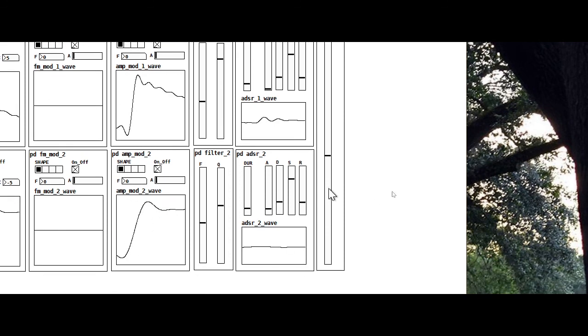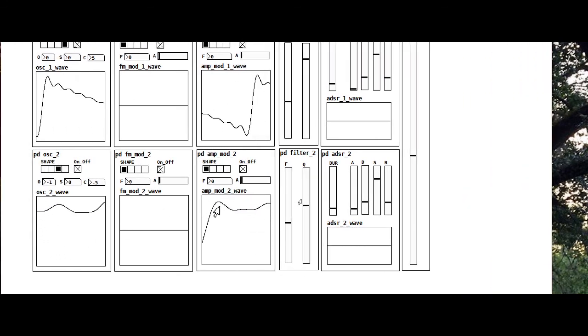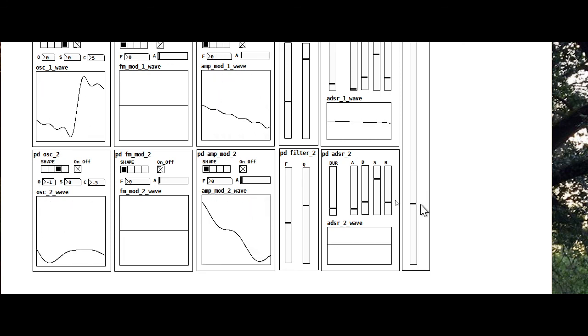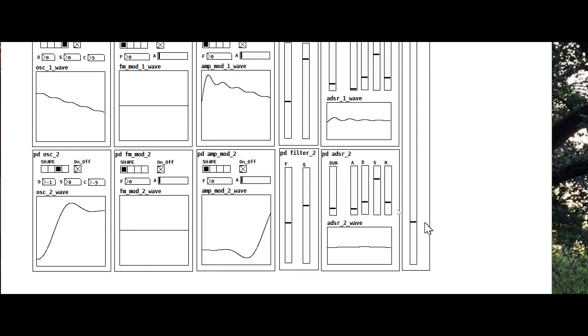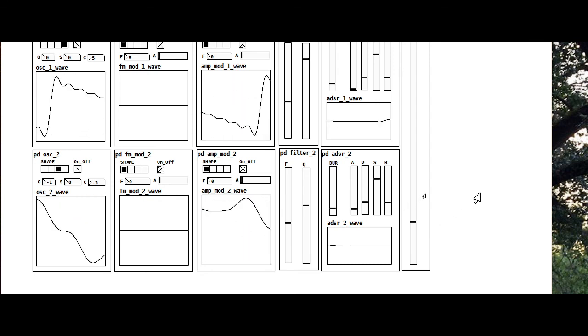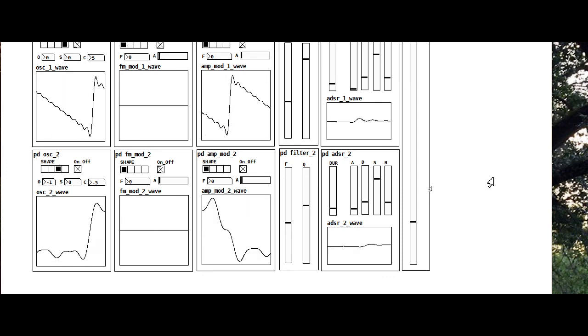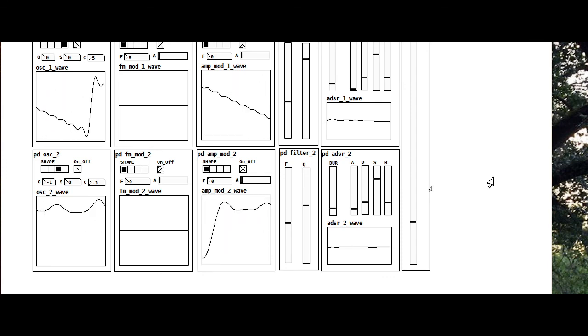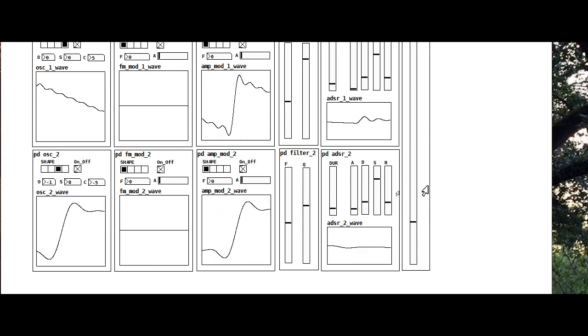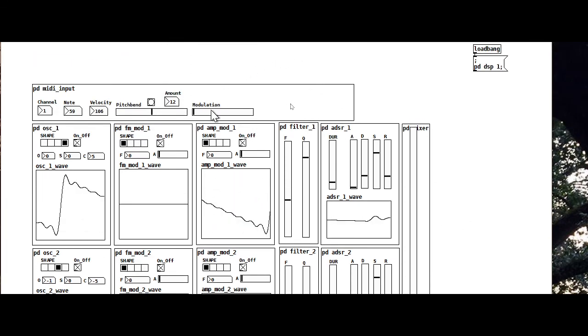So now if I want it to sound a little more bassy, I should mix it down more towards the second oscillator, which is down an octave. We still have our modulation effect here that controls the filters. And we have our pitch bend.